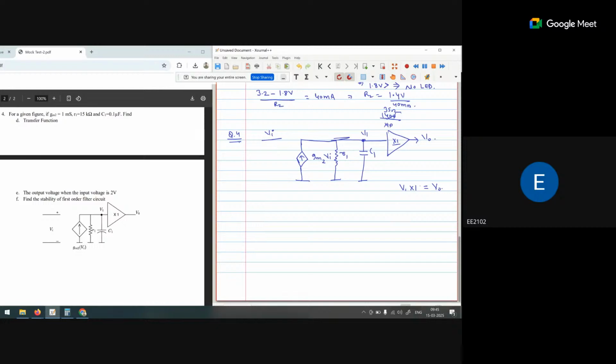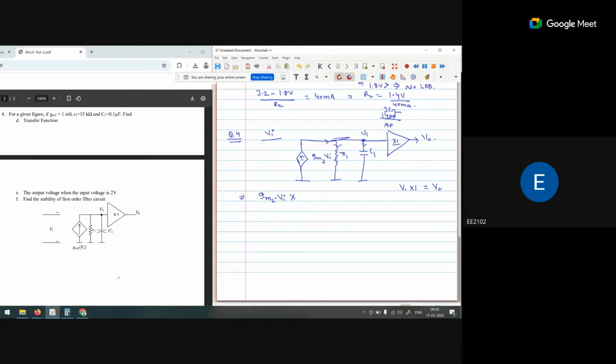Okay. Now what is the V1 equation? If we say this is my current source, the current will be distributed in two parts, one is this one and one is this one. So first of all, we calculate the current in the C1 branch. Gm2 times Vi into, how do we calculate by the current divider rule?